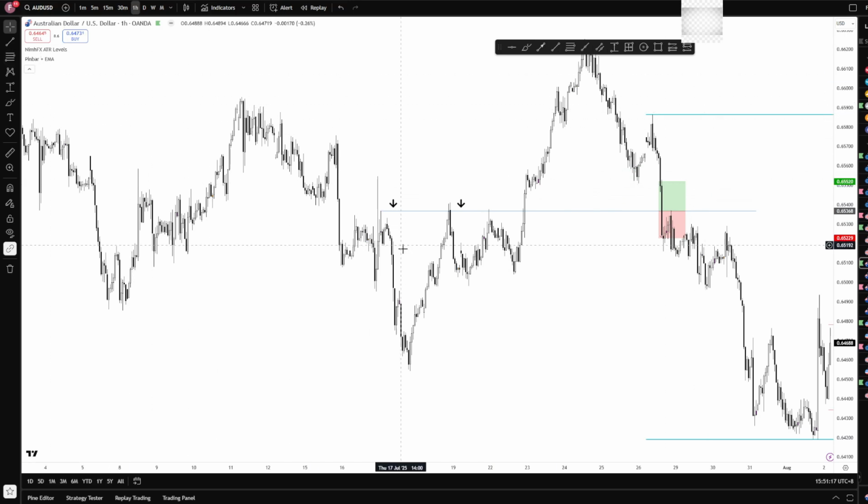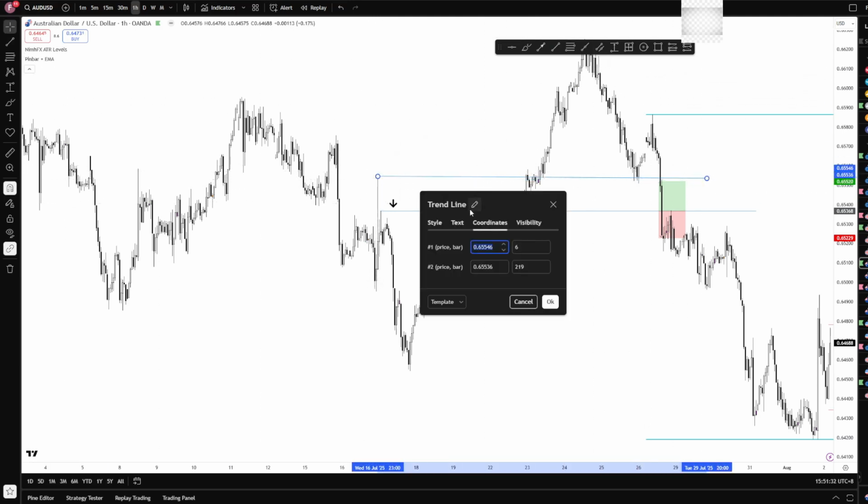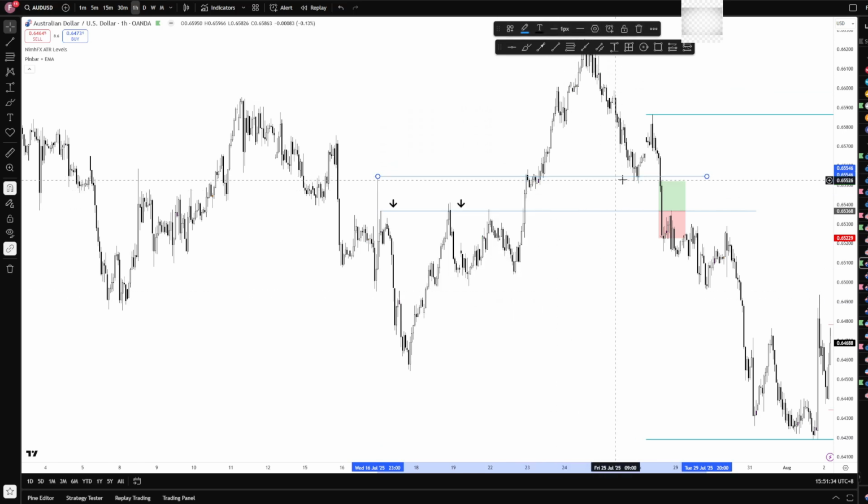However, I don't think it's so good because this high that I mark out is actually not a daily high. Usually for my touch trades, support resistance trades, I like to draw them off daily levels. If you notice, this daily high over here actually acted as support before it broke down.